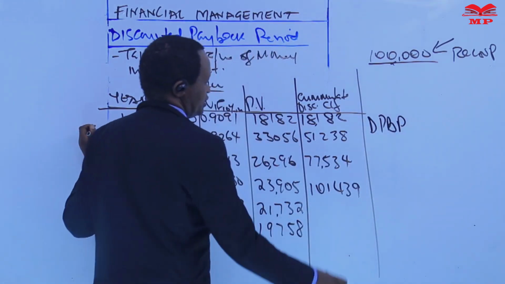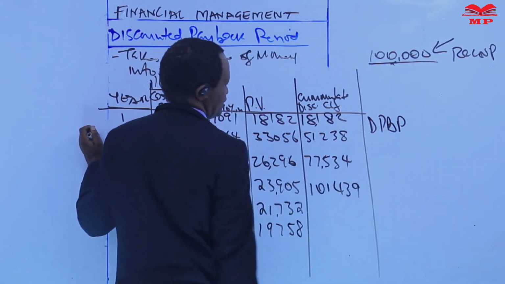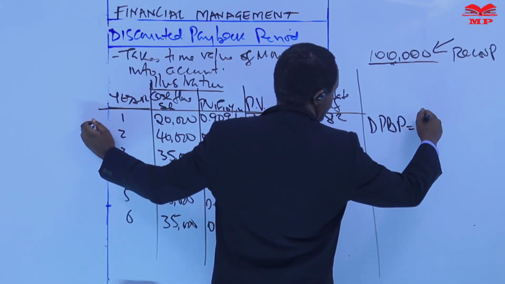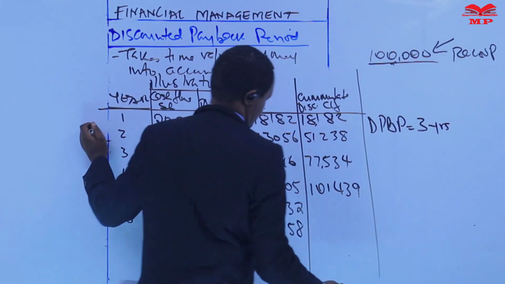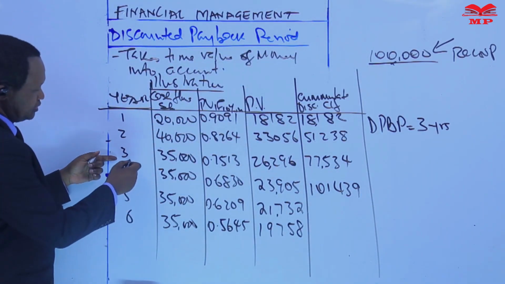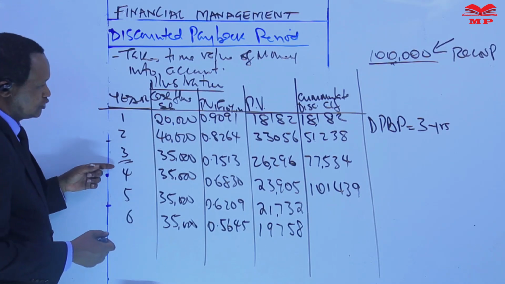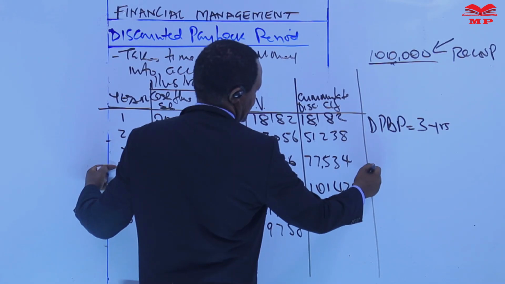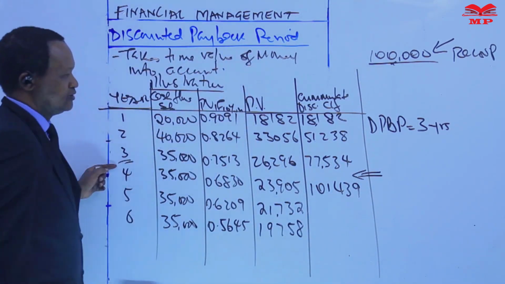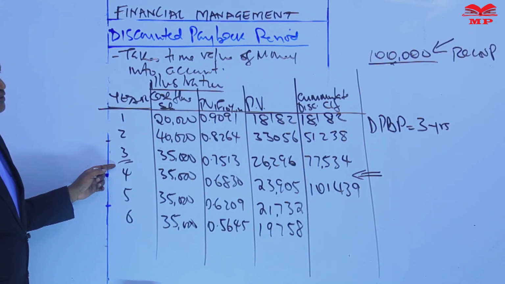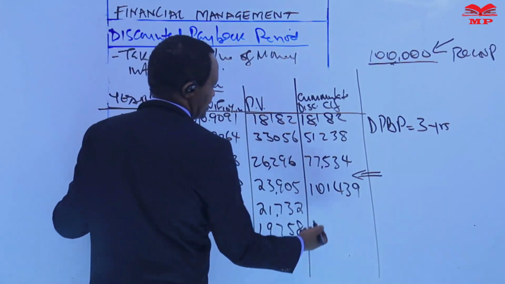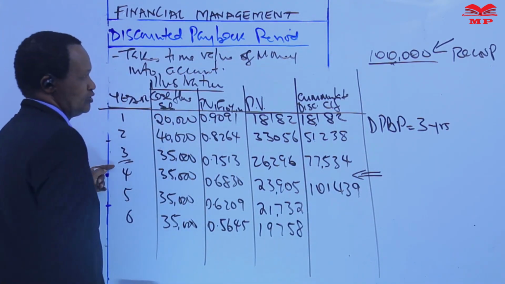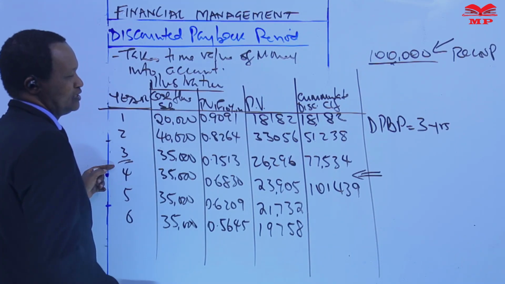So the discounted payback period, because these cash flows are discounted, will be equal to 3 years and some months. Exactly after 3 years, the company will recoup 77,534, meaning that there is a balance.